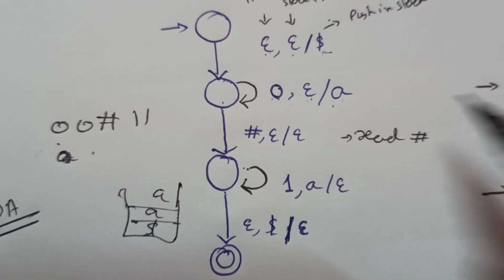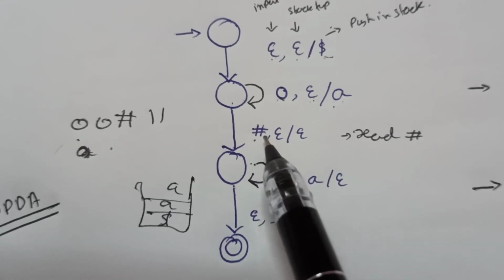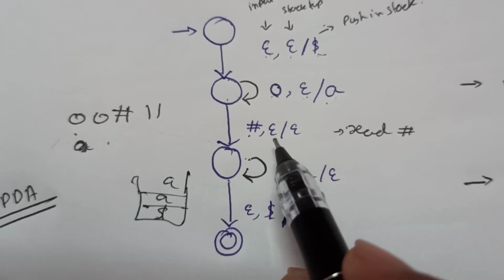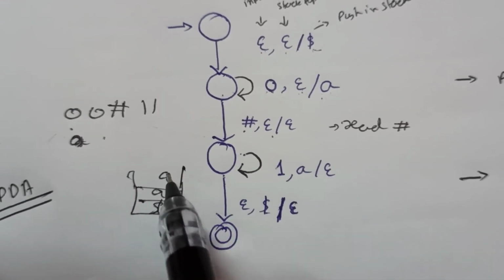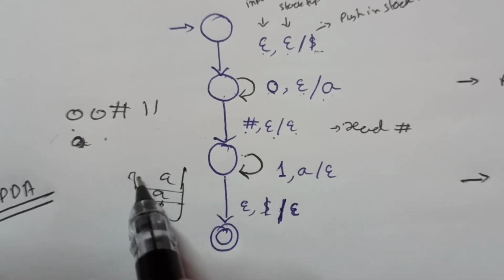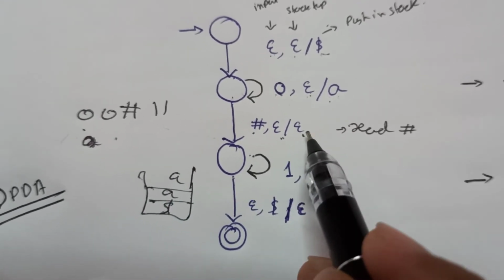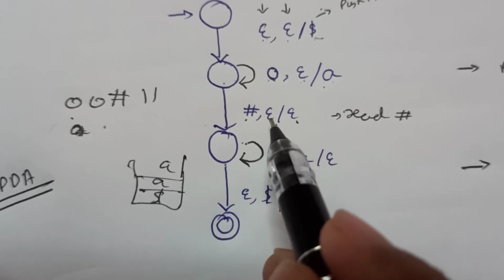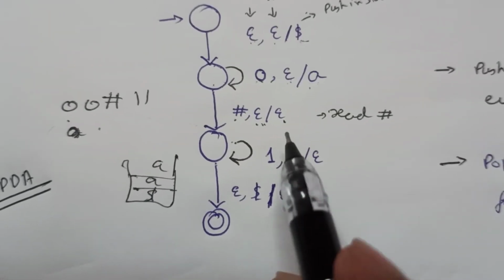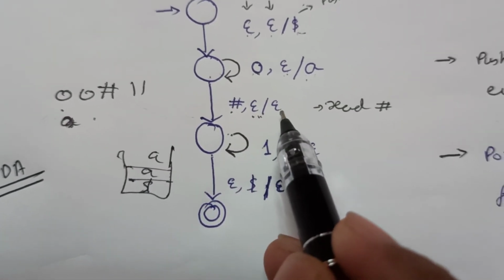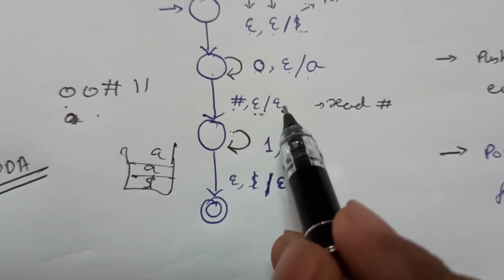Okay, and now what do we have? Now we have a hash. So for input symbol hash we are reading null from our stack top, and we are replacing it with null. This means we are neither pushing nor popping. I have already told you this case: if the stack symbol before and after the transition is null, this means we are neither pushing nor popping anything.